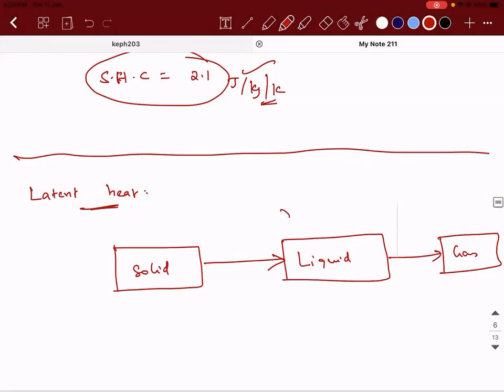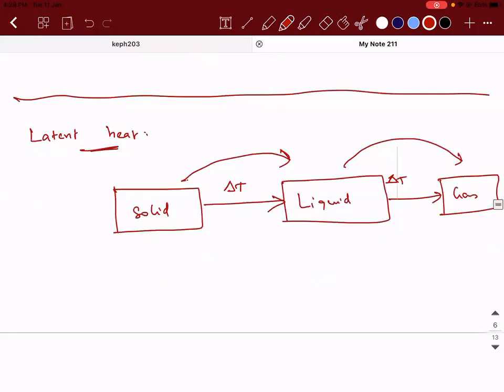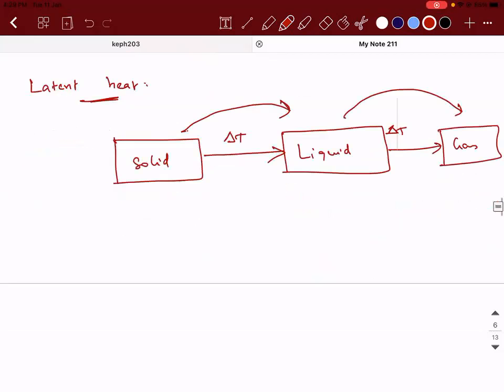Solid, when you supply some heat, gets converted to a liquid. Liquid, when you supply some more heat, gets converted to gas. Especially if you take water, then water can be in the solid form when it is ice.